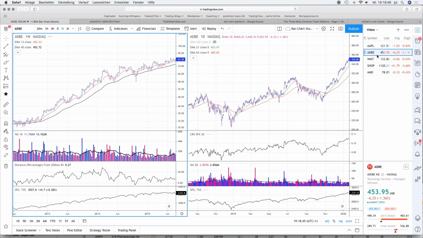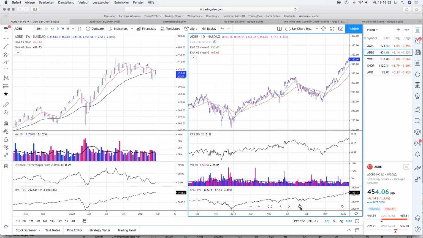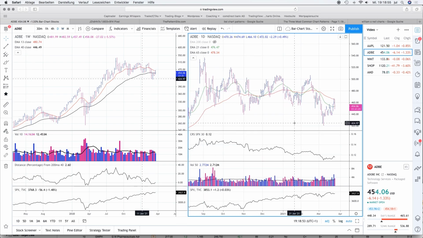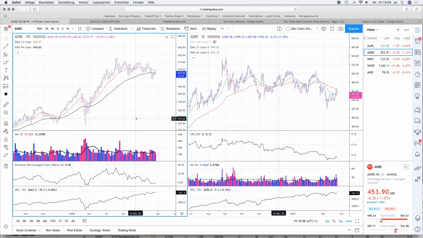Adobe, for example. This is also a stock you know from today, and you know the company maybe as a large cap company, but it was a small cap or a mid cap company after the IPO, and they had a different growth and a different momentum on the IPO.